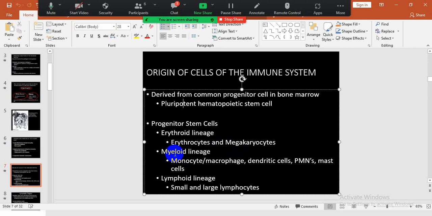We also have the myeloid lineage. And the myeloid lineage produces monocytes, macrophage, dendritic cells, polymorphonuclear cells, or polymorphonucleates, mast cells. Then the lymphoid lineage produces small and large lymphocytes.